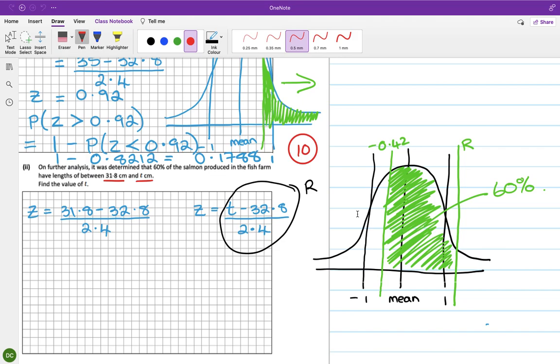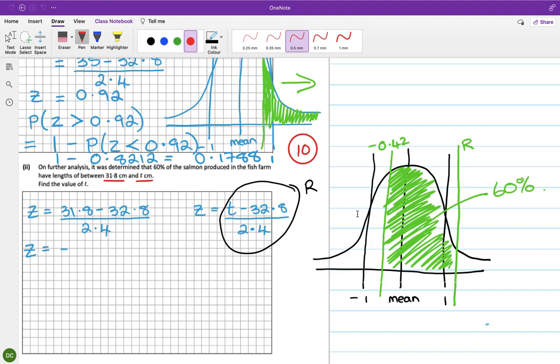So that's this one. So the one on the left is minus 0.42 and the one on the right, I don't know what it is. I've just called it z to make the diagram easier.